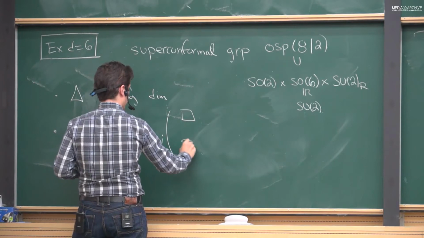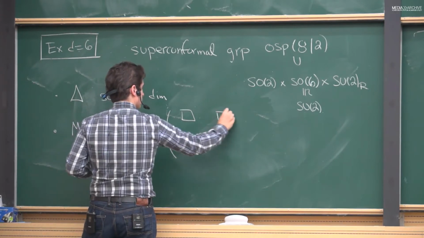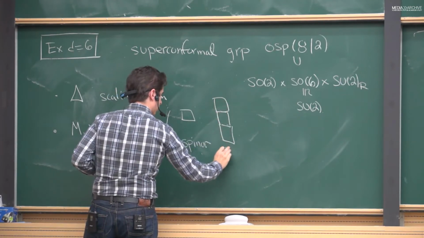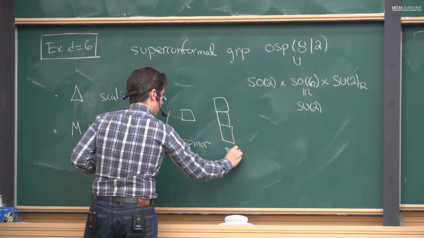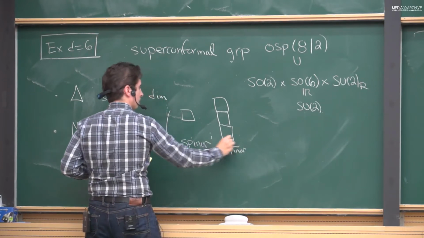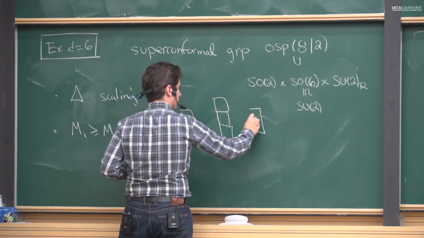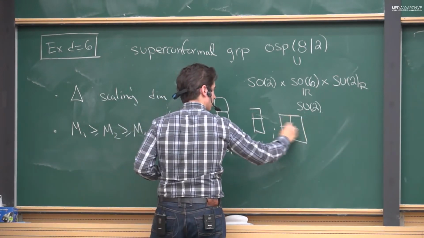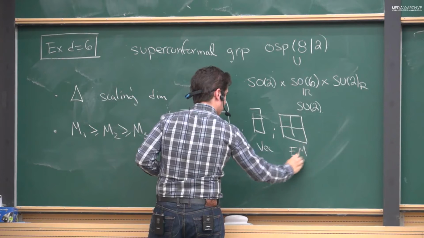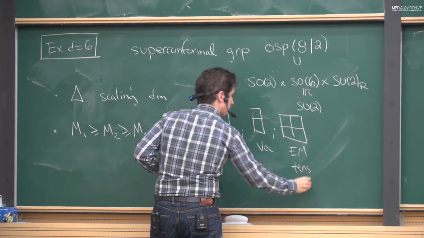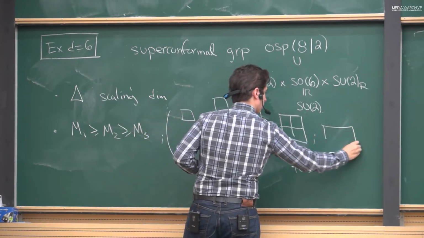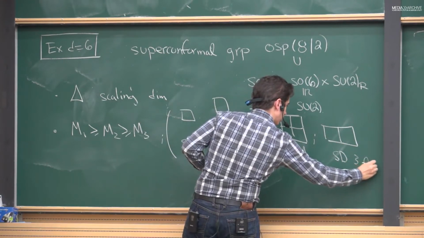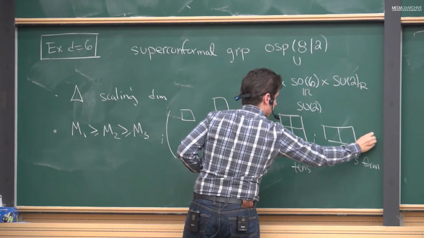So this one is the spinor. This is the spinor bar. This is the vector. This is the energy momentum tensor. This is a self-dual 3-form, and so on.